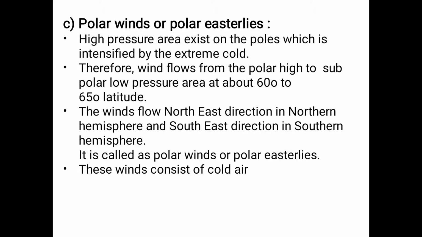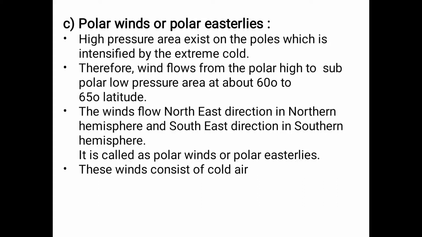Then the next type of wind is the polar wind, or it is also known as the polar easterlies. The high pressure area exists on the pole, which intensifies the extreme cold. Therefore the wind flows from the polar high to the subpolar low pressure area at about 60 degree to 65 degree latitude.